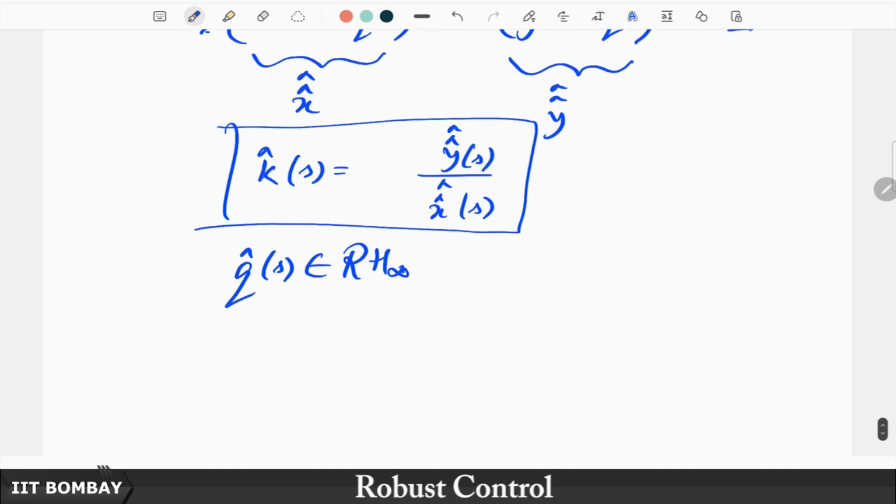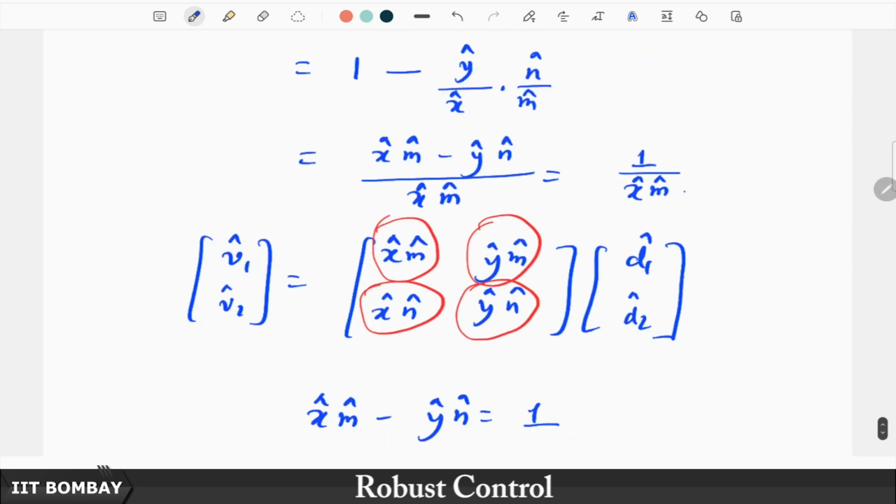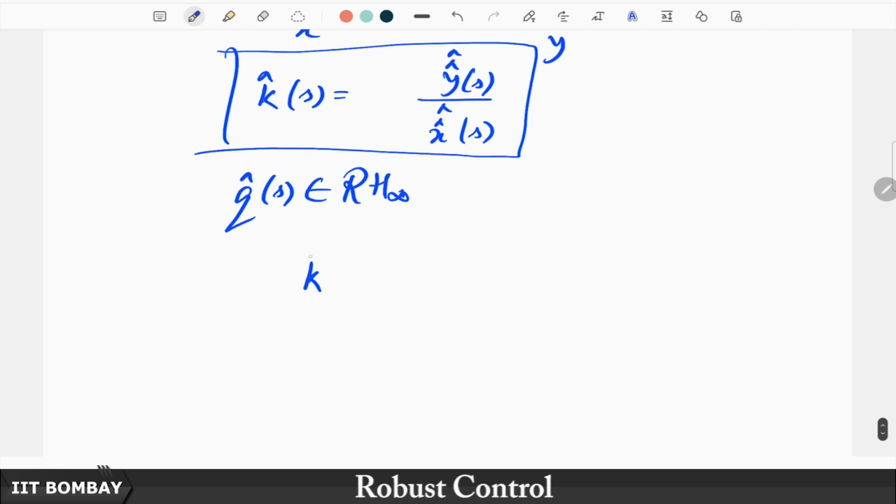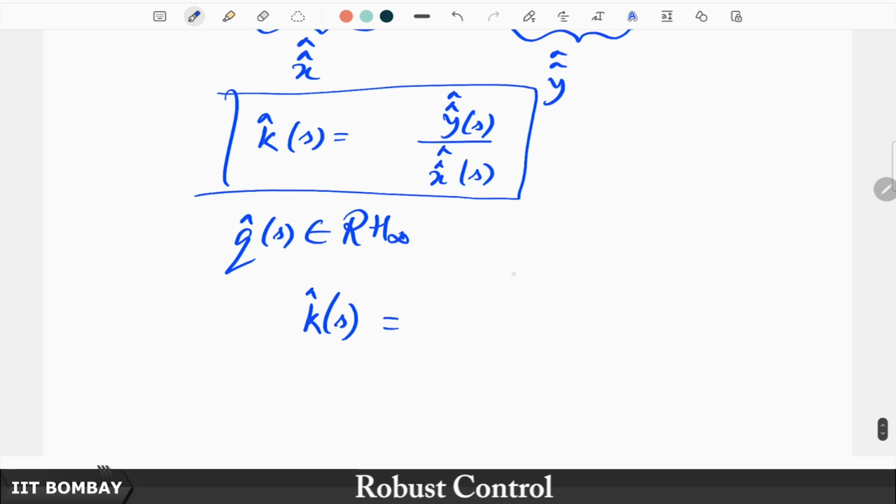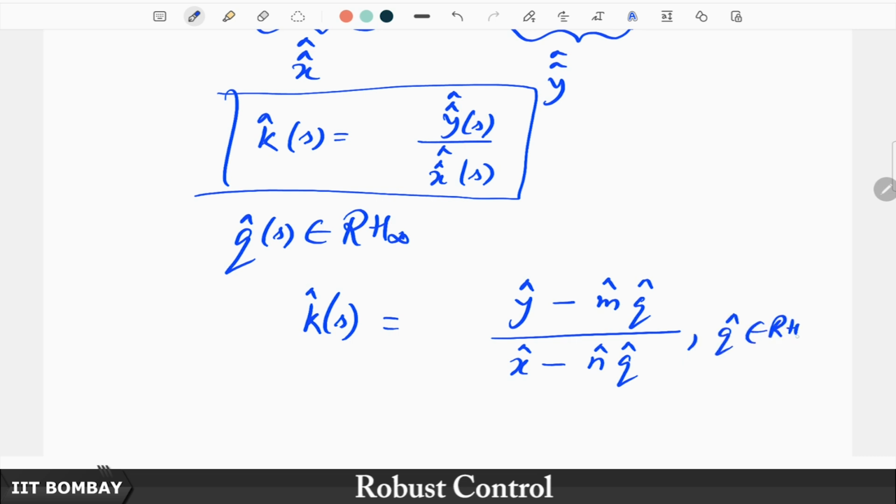So, now I am saying that you play around with this q hat, choose any arbitrary q hat in RH infinity, and your controller turns out to be of the form y hat minus m hat q hat upon x hat minus n hat q hat, where q hat belongs to RH infinity.